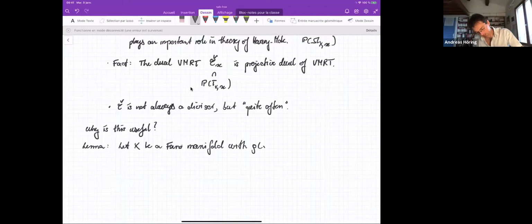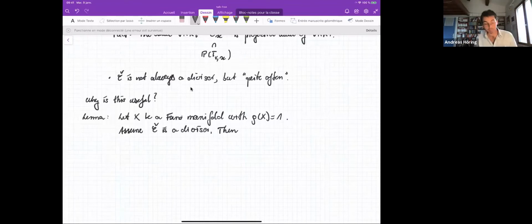And as I said, this is what you expect, and you can check it in quite a number of situations. So if this construction yields a divisor, then proving that Tx is big is very easy, because this is equivalent to proving that the class of your total dual VMRT is of the following form: m times the tautological class plus lambda pi star minus kx, with lambda negative.